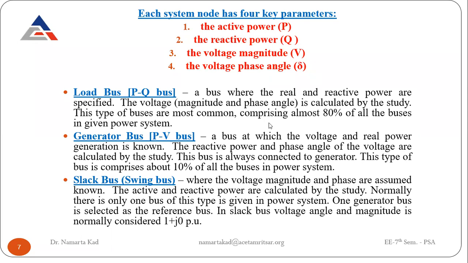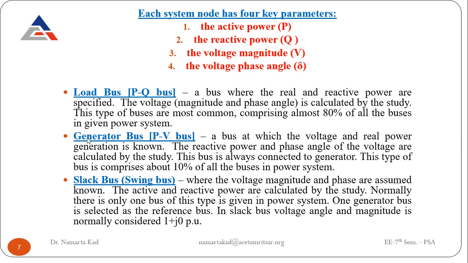That means if in any particular power system there are 10 buses, then out of those 10 buses, 8 buses are PQ buses. So this type of bus is the most common, and 80% is its approximate presence in any power system.